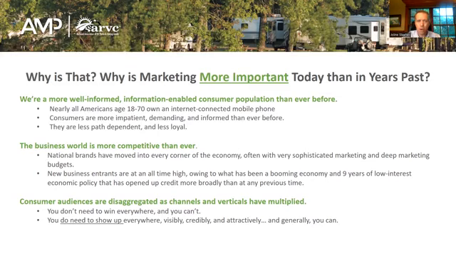But you do need to show up nearly everywhere, and showing up visibly, credibly, and attractively is important. And without spending any money, if you choose to do it yourself, and just devoting some time to it, you can do that. You can be visible, credible, and attractive.